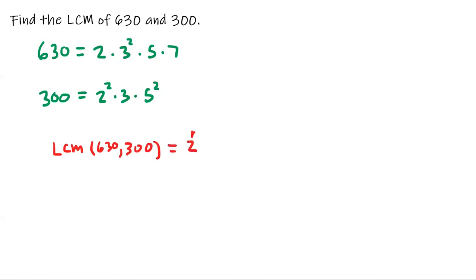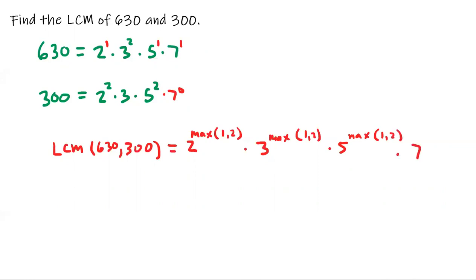It's going to be 2 to the max of 1 and 2. Again, this power is a 1, this is a 1, this is a 1, and then we have a 7 to the 0 down here if we're keeping track of that. So times 3 to the max of 1 and 2, times 5 to the max power of 1 and 2, times 7 to the max power of 1 and 0.